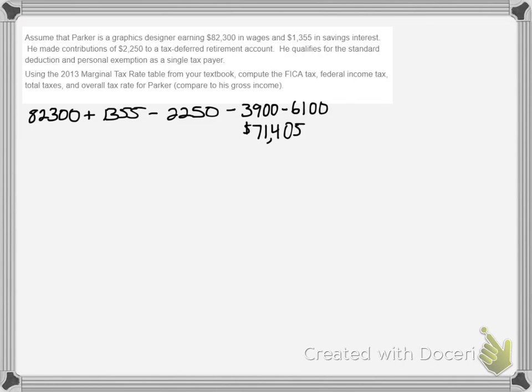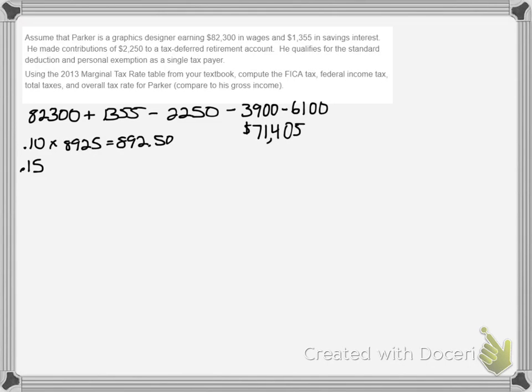Okay, so that's his total taxable income. From there, we're going to use the table on page 257 of your book. Again, these tax rates do change, but this is what it was at this time. The first $8,925 of his income will be taxed at 10%, so 10% times $8,925 is just $892.5. That's the easiest part.